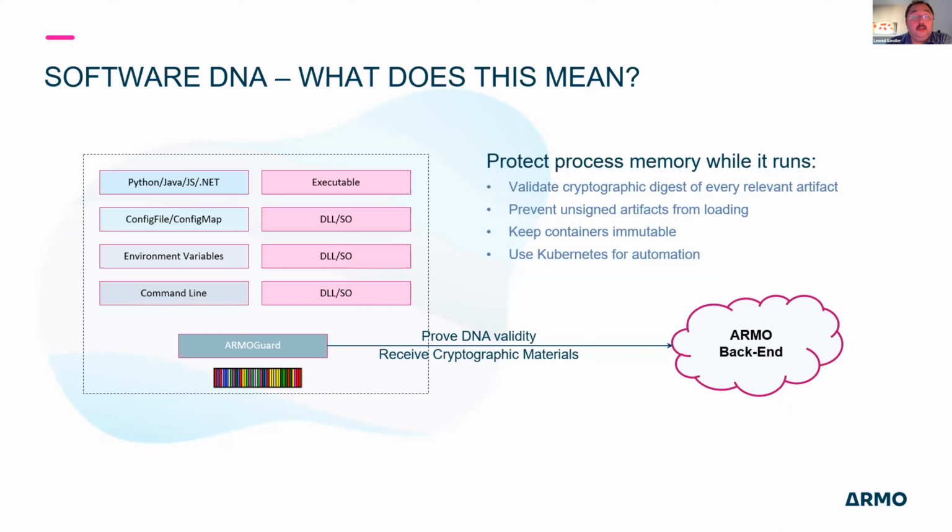So all of that is done without any changes to your existing containers, any changes to your existing architecture, and basically can be applied to any type of software, whether you bring a piece from open source or you develop it yourself or you get it from a third party. It's all aligned and it gives you a unified way of controlling your system and controlling the software running in it.